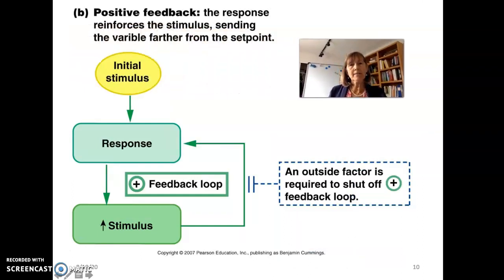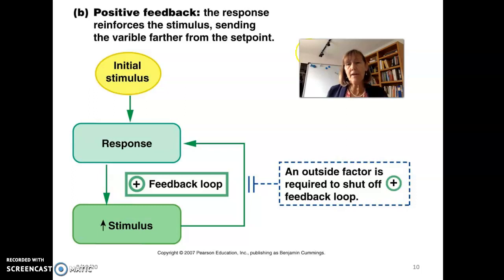Well, a positive feedback would be a response that reinforces that stimulus. So if the temperature was too low, then make it lower. If it was too high, make it higher. There are not very many examples in the body in which this is true, because you would escalate out of control.